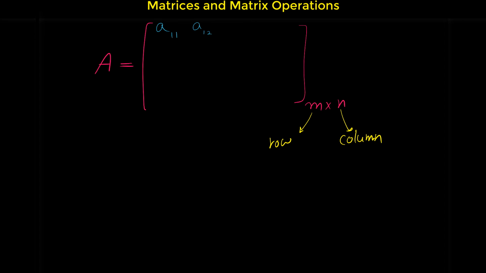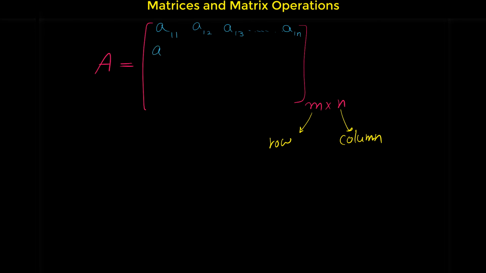Note that we are still in the first row, but we move to the second column. So the address is A sub 1,2. The next element is A sub 1,3. And this goes till we get to the last column, which is the nth column. So the last one is A sub 1,n.